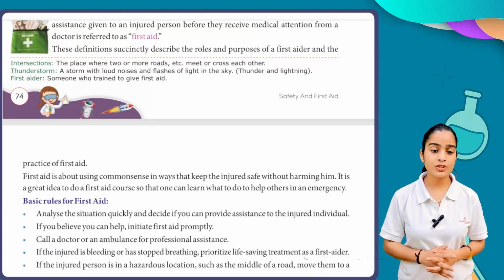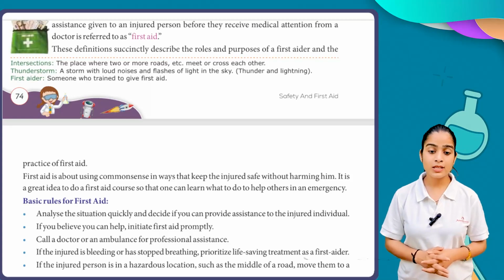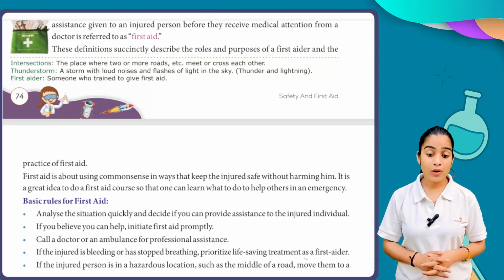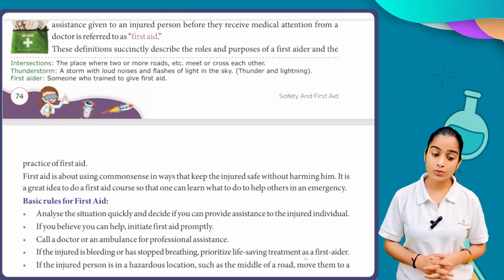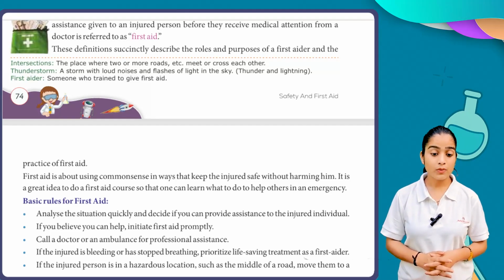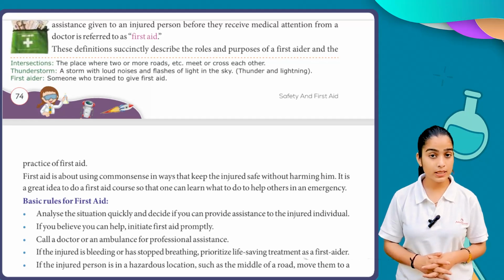Now, these definitions succinctly describe the roles and purposes of the first aider and the practice of first aid. First aid is about using common sense in ways that help the injured person without harming them. It is a great idea to do a first aid course so that one can learn what to do to help others in an emergency.